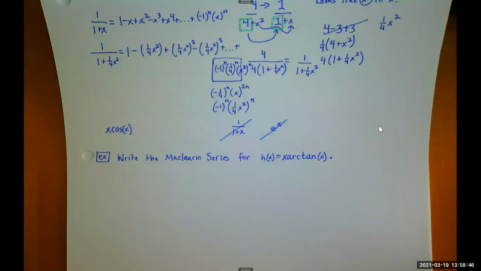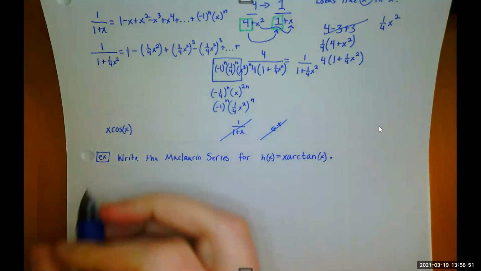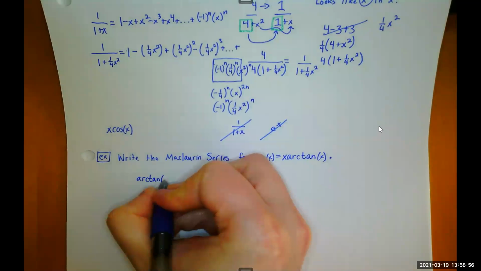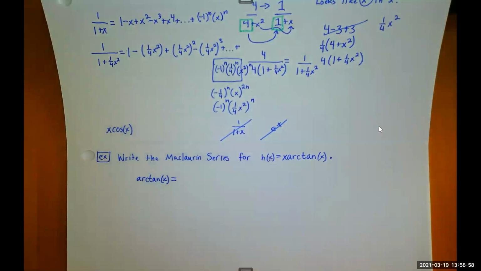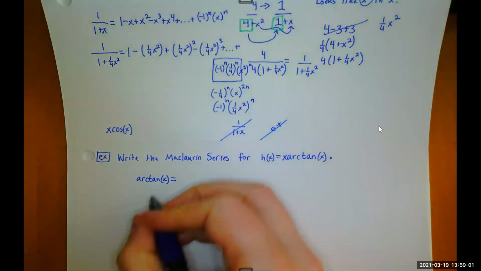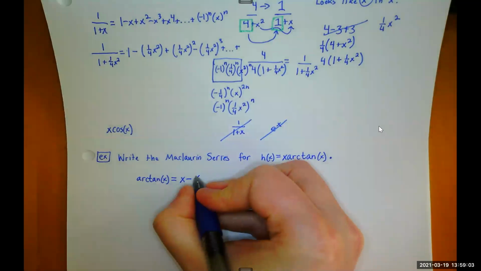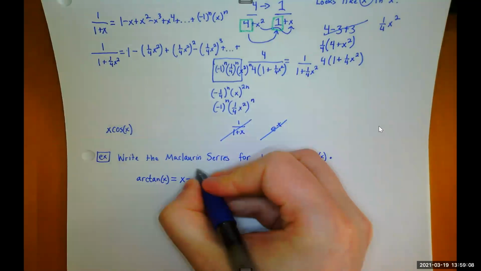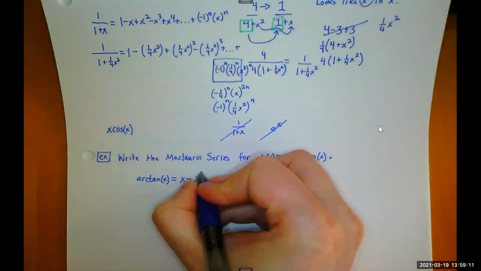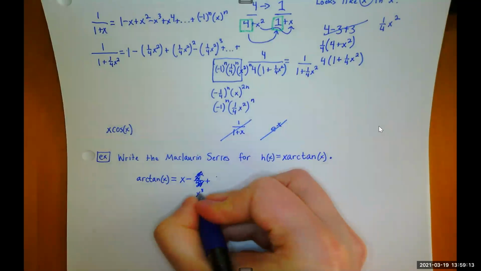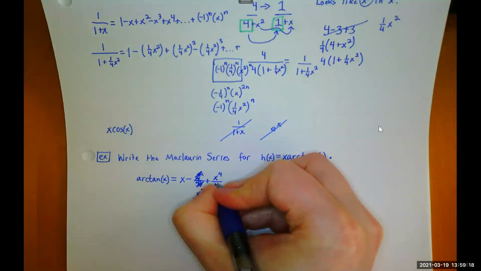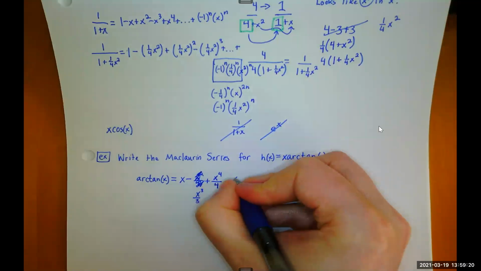What are we going to do with arctangent of x times x? Well, what if I suggested to you that arctangent of x has its own Maclaurin series, namely this one? That's a 3, not a 2, sorry. And that's a 5.